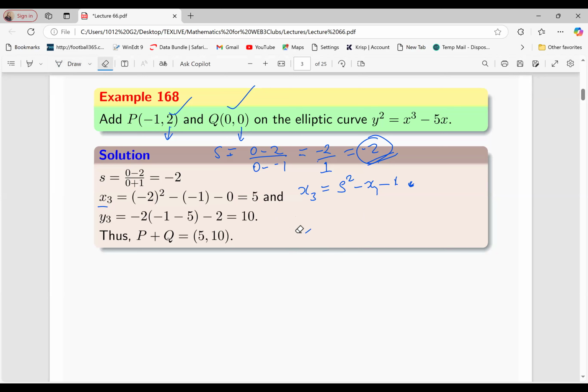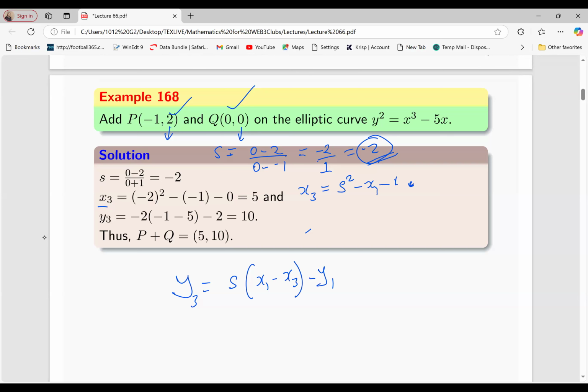Now after getting x3, you proceed and get y3. y3 is given by our gradient into (x1 minus x3), then minus y1. Now, there's no problem which one you call x1 or x2. You can interchange.